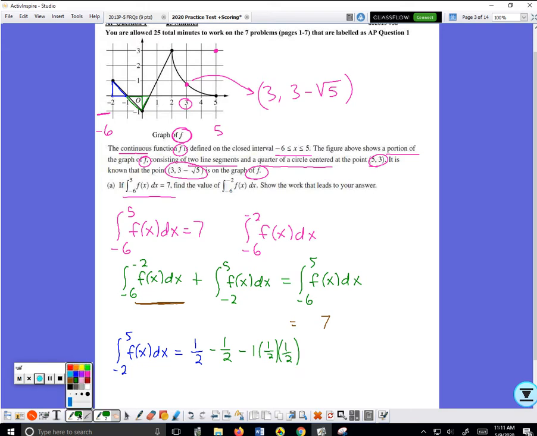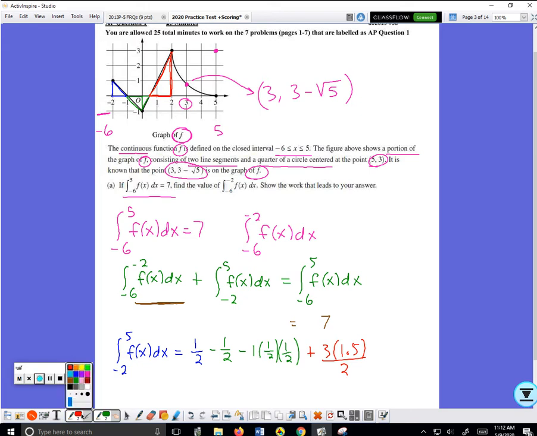Then this portion of f is definitely positive. It's 3 high by 1.5 wide, so plus 3 high, 1.5 wide, all divided by 2 because it's a triangle.